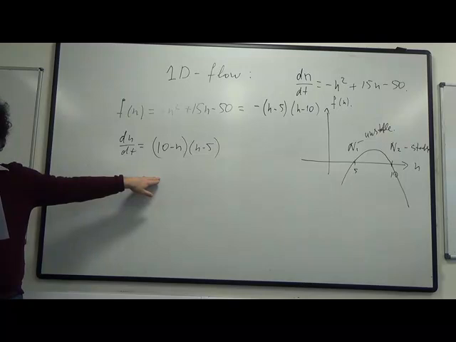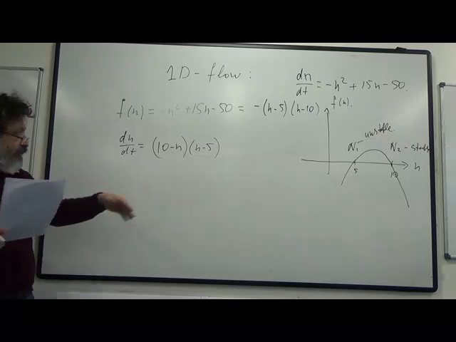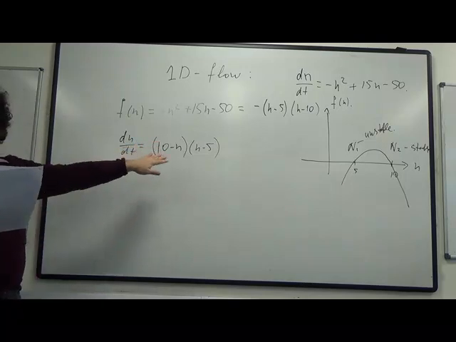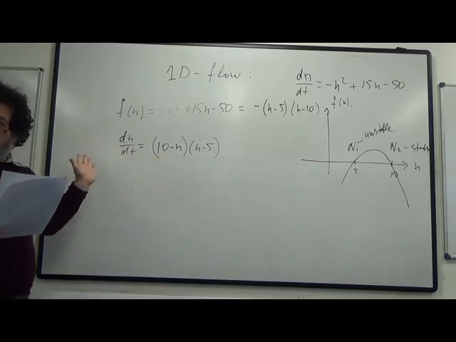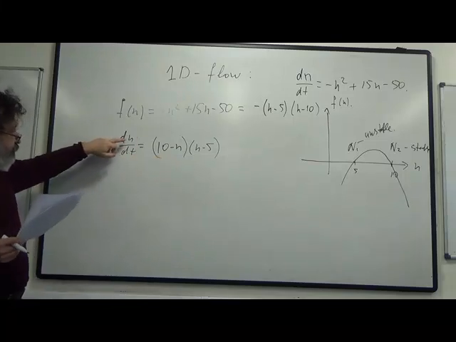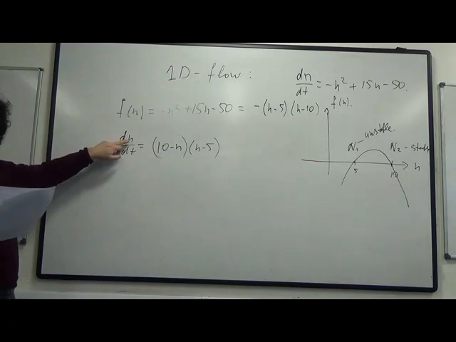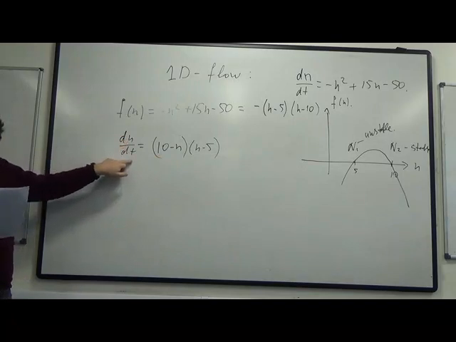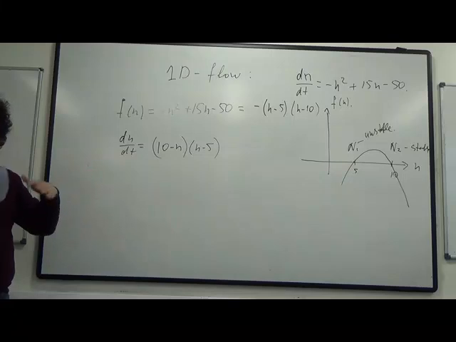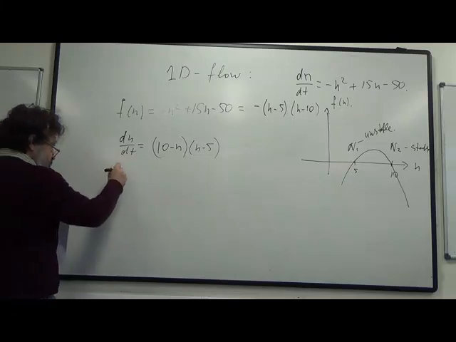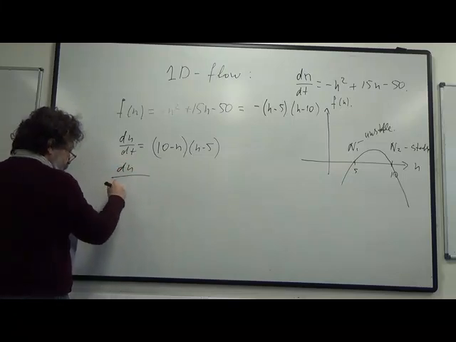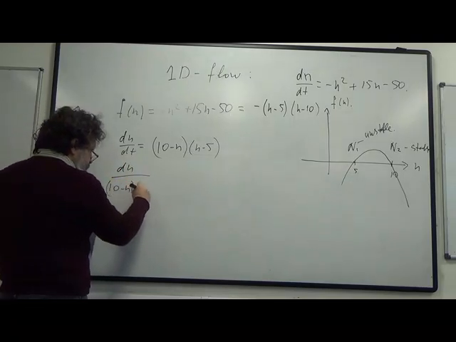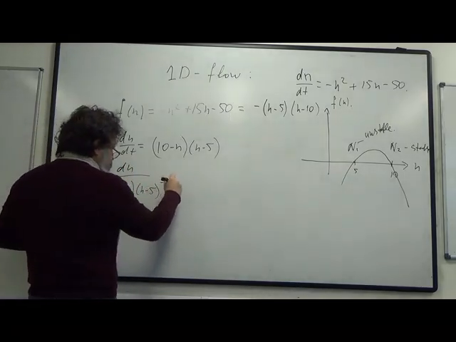We have two variables, n, the dependent variable, and t, the independent variable. We take n to one side and t to the other, we separate them. It will be dn over (10 minus n) times (n minus 5) equals dt.